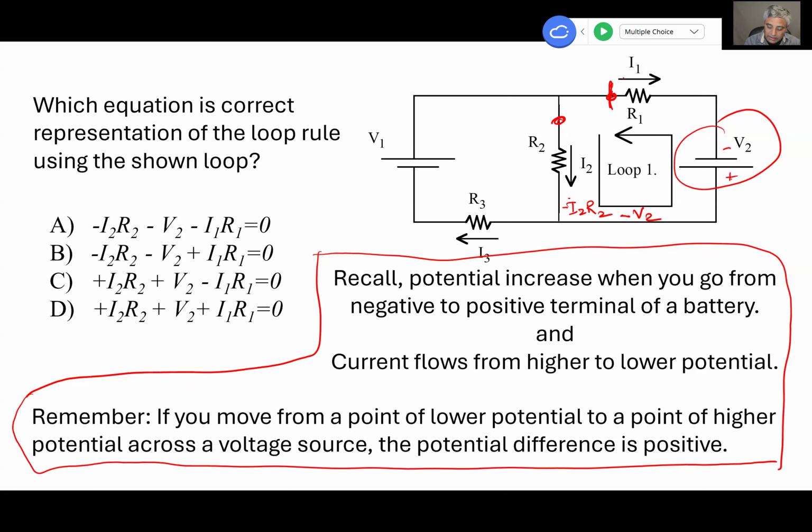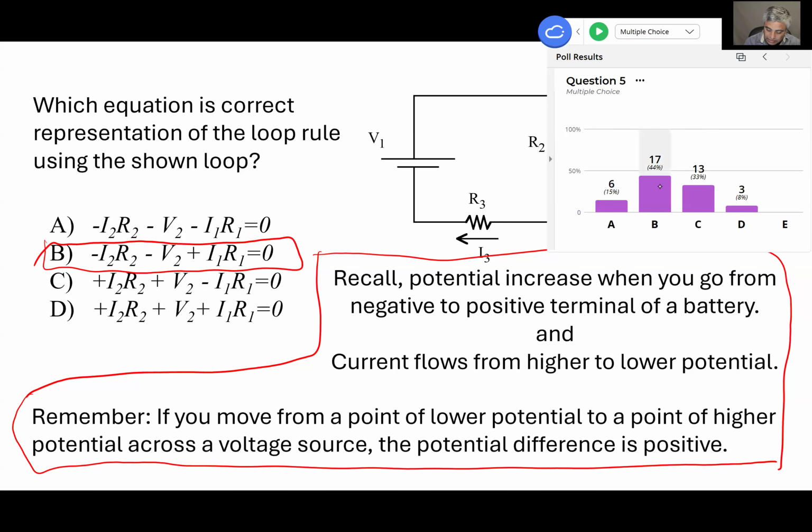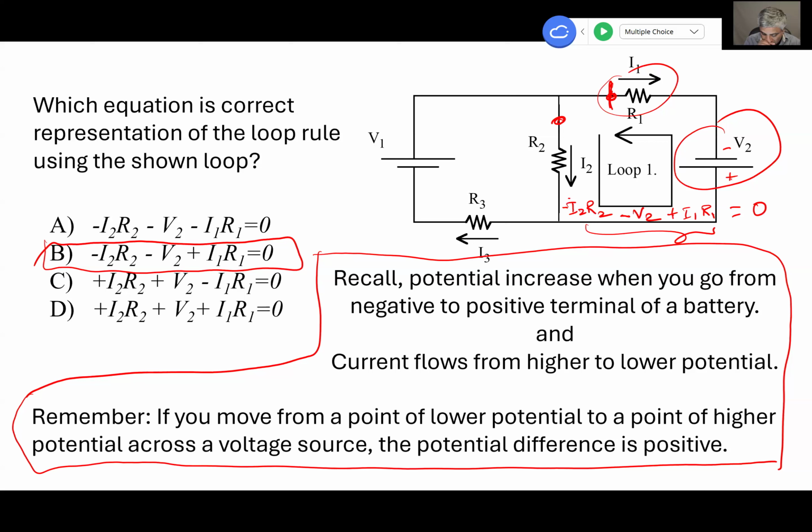So that means this must be positive then. So this sum must be equal to 0. So let's see if anything matches here. Looks like, yeah. So we are getting there, not quite there yet.